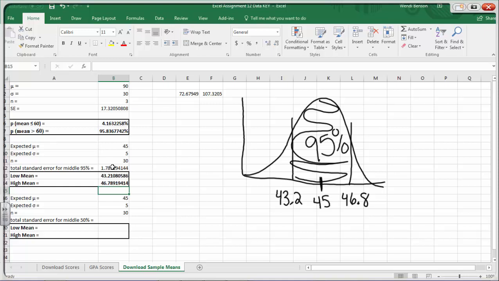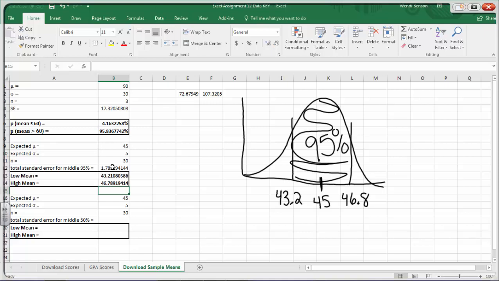So if the software developer's claims are accurate, the mean is actually 45 with a standard deviation of 5, there's a 95% chance that the mean download speed for randomly selected 30 devices would be between 43.21 and 46.79 or 46.8 seconds. So if Theodore took that sample and got a mean between 43.2 and 46.8, he should trust the software developer's claims.